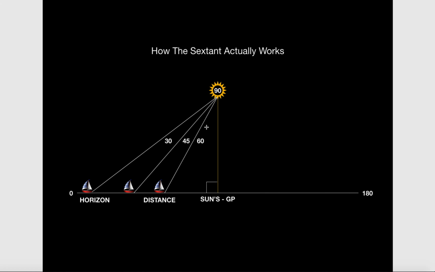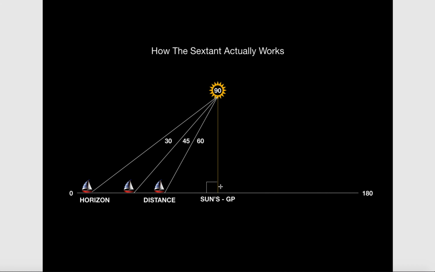When they refer to the nautical almanac, they will find out, due to the angle they have to the sun, what distance the sun's GP is in a straight line from them. So from this boat it could be 1,500 miles to this point here, and this one here could be 3,000 miles, and this one here could be 5,000 miles, right? So in a straight line distance, due to these angles, referring to the nautical almanac, each boat can find out what distance it is from the ground position of the sun.